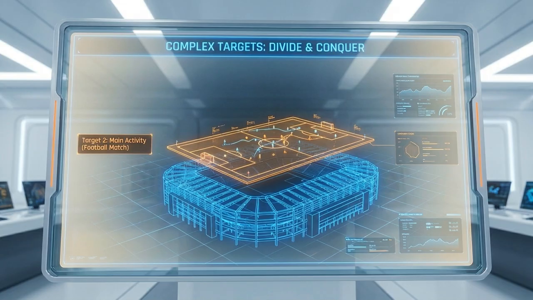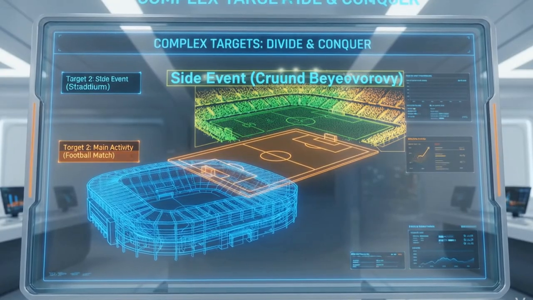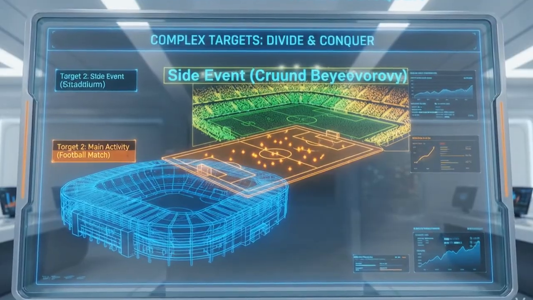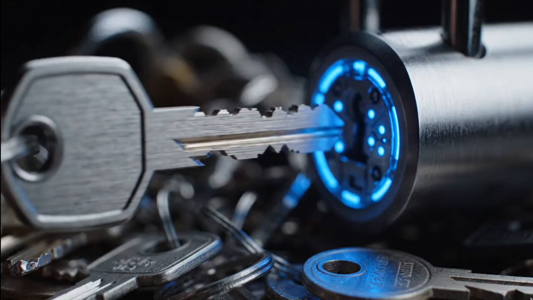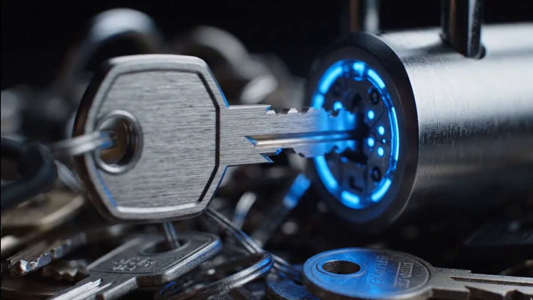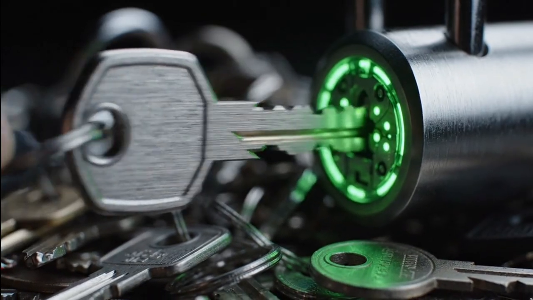Target 2, describe the activity on the pitch. Target 3, describe the crowd's behavior. Thanks to this, the viewer builds a complete picture step by step and doesn't get lost in the flood of data. A target should be like a well-cut key. It must fit one lock, not a whole bunch of doors.